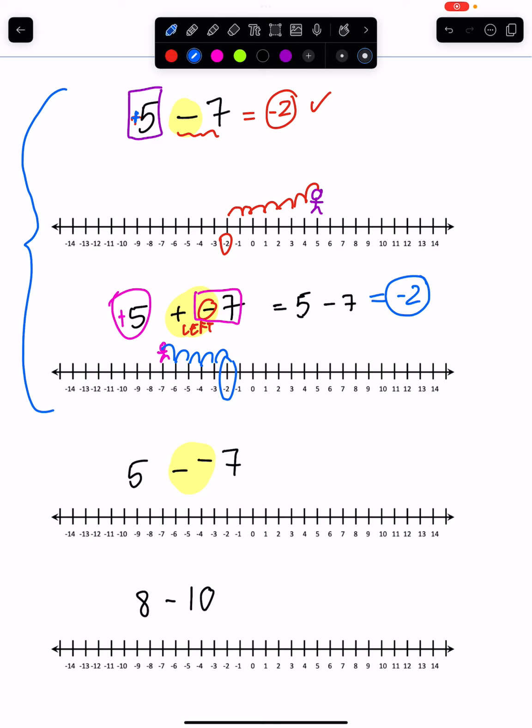So what's kind of intriguing is this is really the same thing as moving right. 5 minus -7, well, there's two negatives there. It's the opposite. You could think of this as the opposite of -7. What's the opposite of -7? That's +7. So we're really standing at 5, and we're moving 7 to the right. 1, 2, 3, 4, 5, 6, and 7. That puts us at 12.